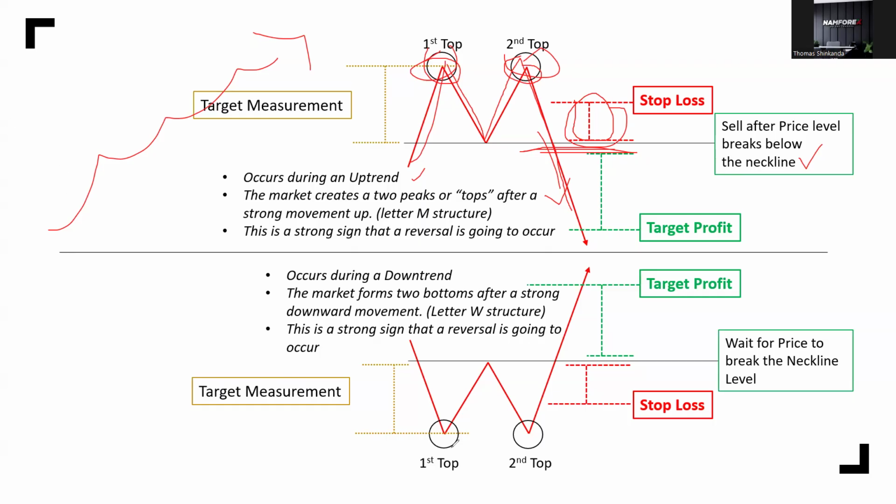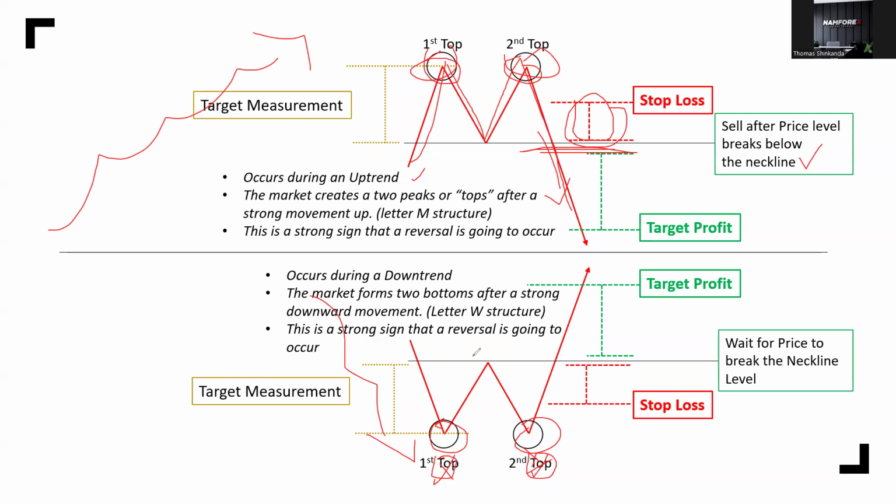Then this one, it's the double bottom. This is the first, not first top. This is supposed to be first bottom. This is second bottom, not top. This was a typo error. It occurs during a downtrend, assuming the market was going down. The market forms two bottoms after a strong downward movement, later a W structure.